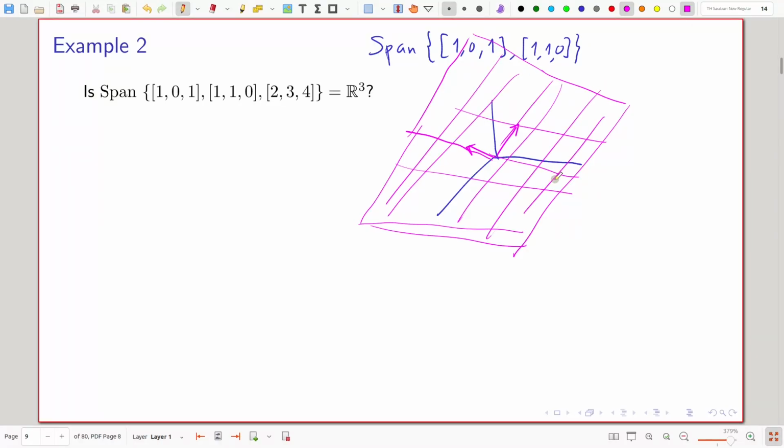Like that. Okay. Now, if you have two vectors and you add another vector, in this case we add this vector, right? If the vector that we add is also in this plane, can you change the span? Can you make the span bigger?